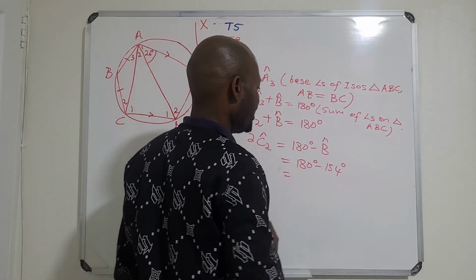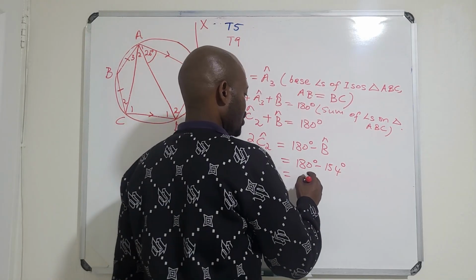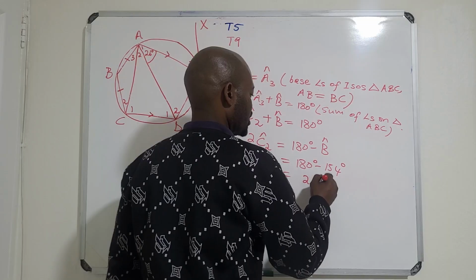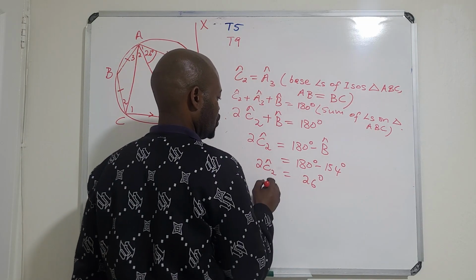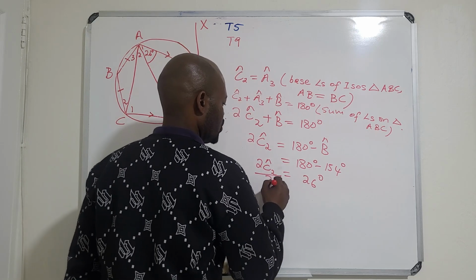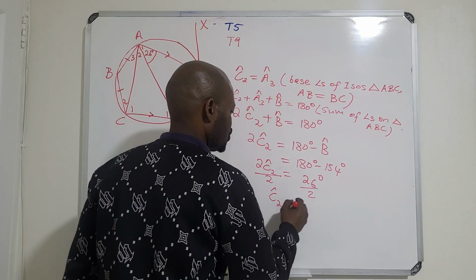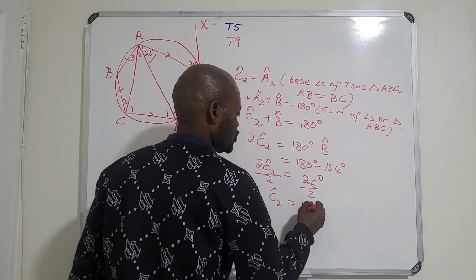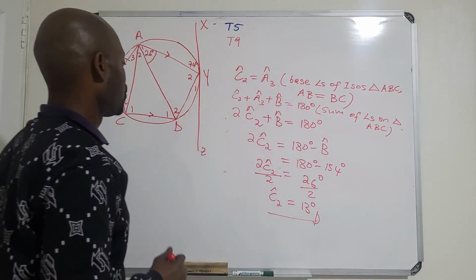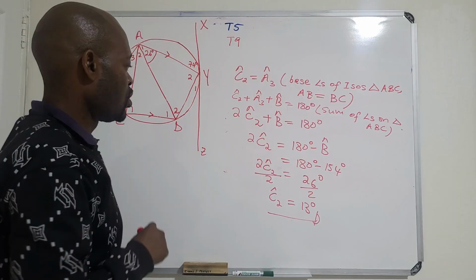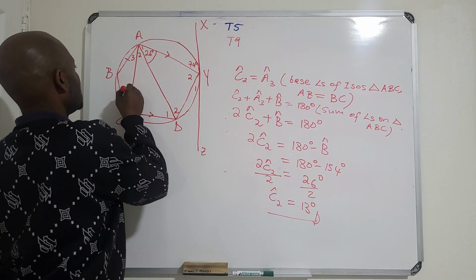Then 180 minus 154 is equal to 26 degrees, which is 2 angle C2. Since we're looking for C2, we divide by 2, angle C2 is equal to 13 degrees. Therefore, we have solved for angle C2, which is 13 degrees.